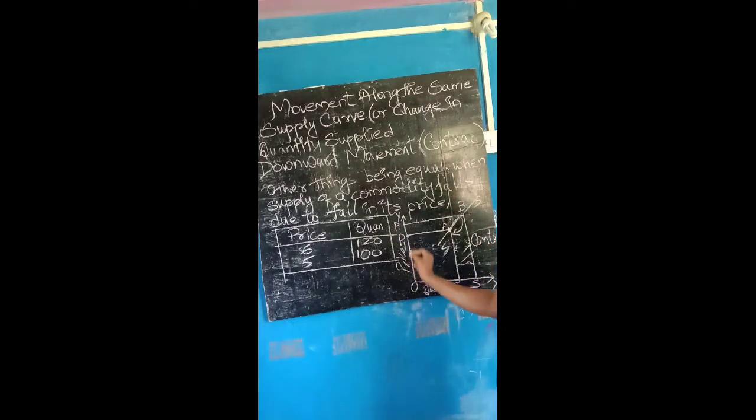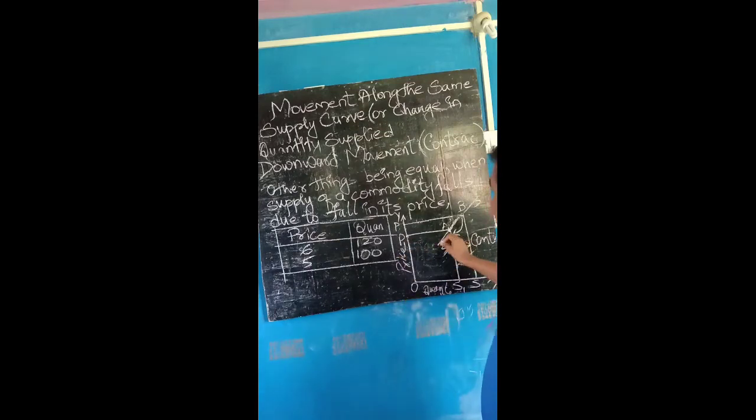When the price of the commodity decreases from OP to OP1, the quantity supplied for the commodity also decreases from OS to OS1. Earlier the price increased, but now the price has decreased.